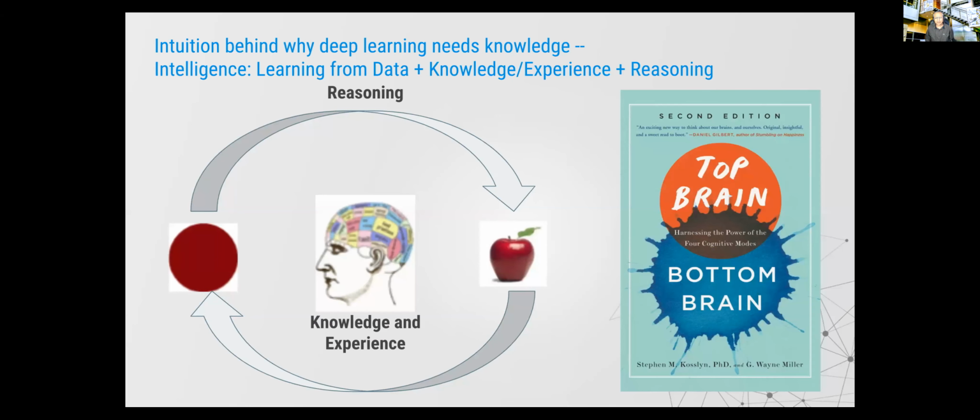At the end, I love to do interdisciplinary work, and I love to learn from other disciplines, particularly cognitive science, neuroscience, and behavioral economics. And in cognitive science, this concept of top brain and bottom brain has been well discussed.